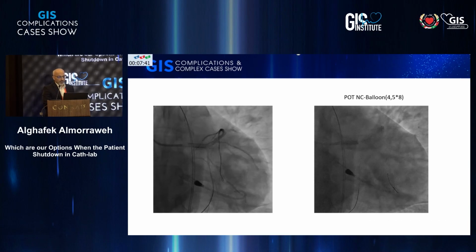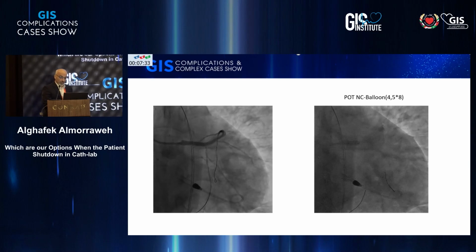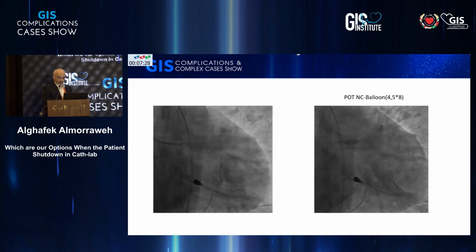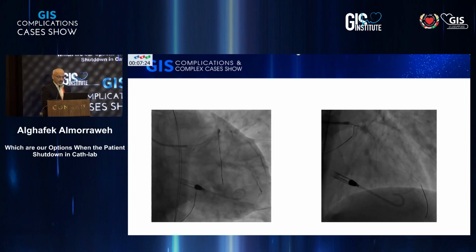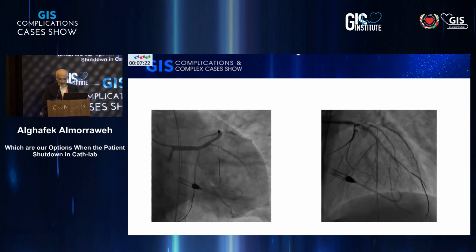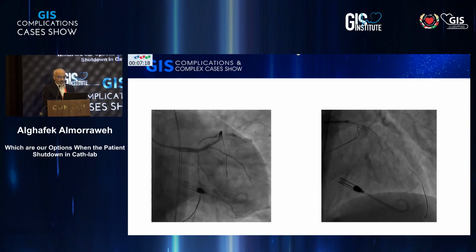And this is the initial angiogram. We find there is thrombosis or maybe dissection in the left circumflex. It's not clear at this point. I did an NC balloon 4.58, and this is the final or primary result after the balloon.